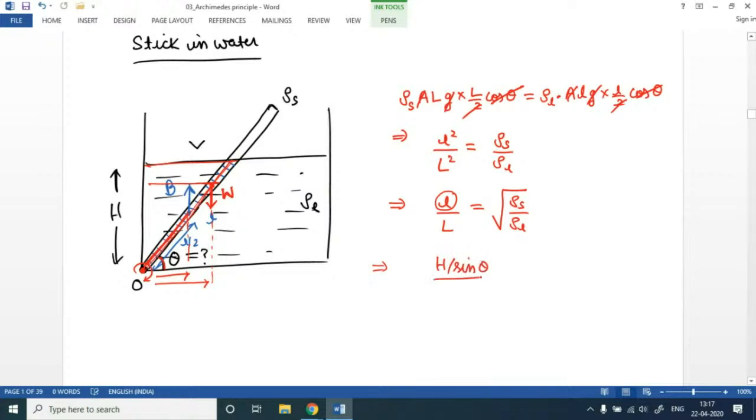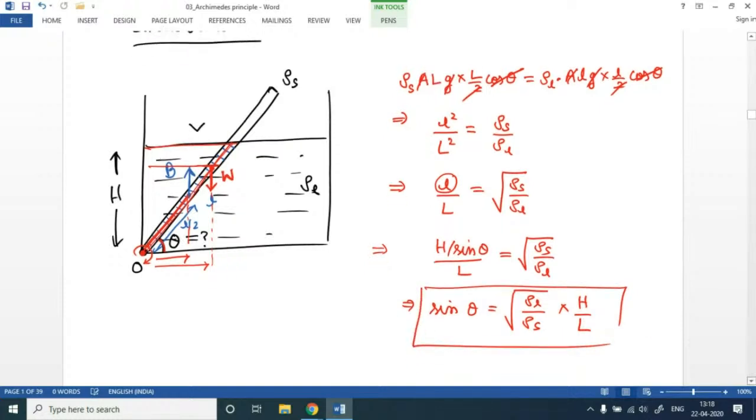So h by sine theta by L is equal to root of rho s by rho L, and just by rearranging you will be getting the value of sine theta, which would be rho L by rho s into h by L over here. So that is our answer.